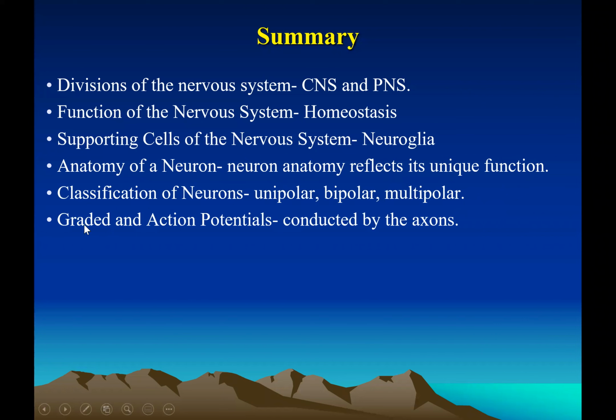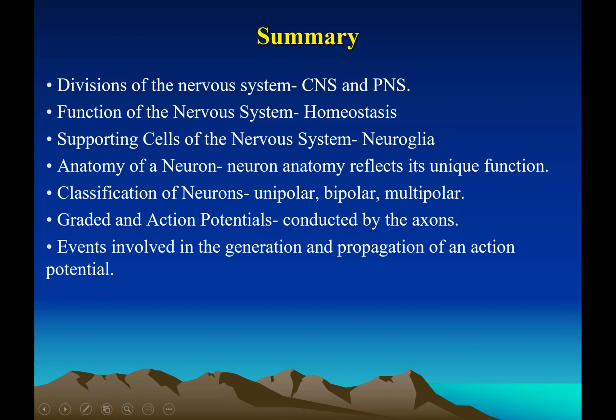We also saw how the resting potential creates a graded potential when it receives a stimulus. And then the graded potential, after it reaches a threshold, will fire an action potential down the length of the axon. That action potential will result in the release of neurotransmitters.